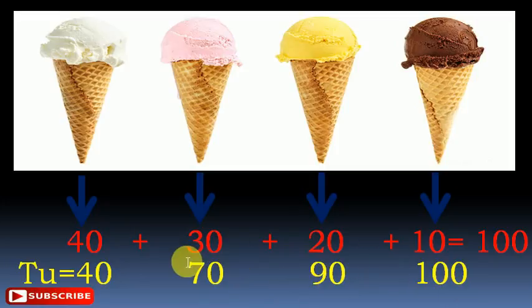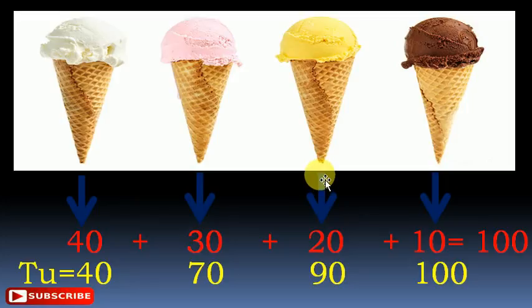We can see that as the consumer consumes more and more ice creams, the total utility also increases. When the consumer consumes the first ice cream, the total utility is 40 utils, and when he consumes the second ice cream, the total utility becomes 70 utils.